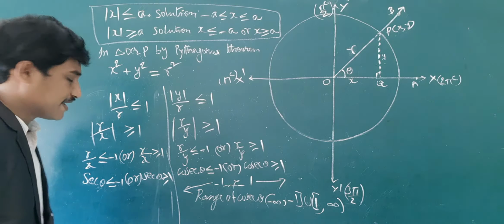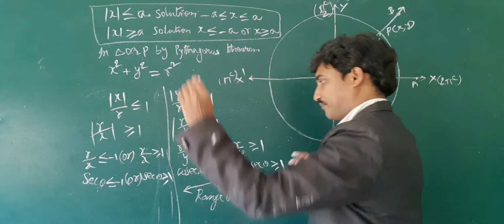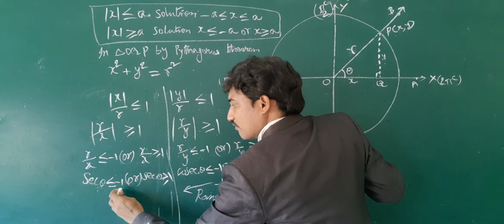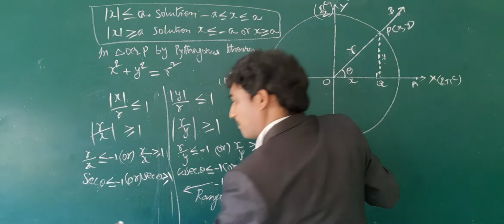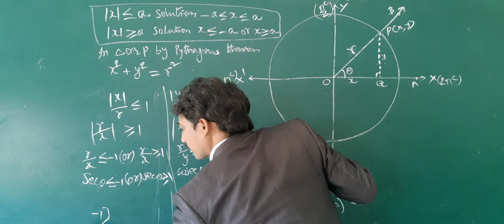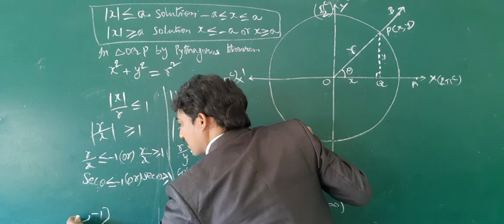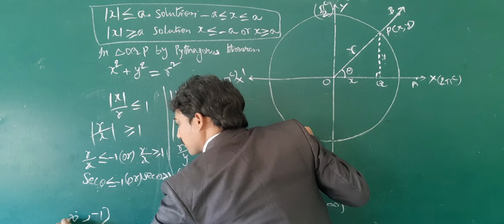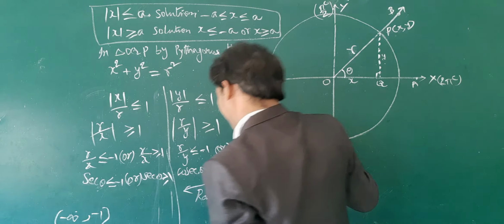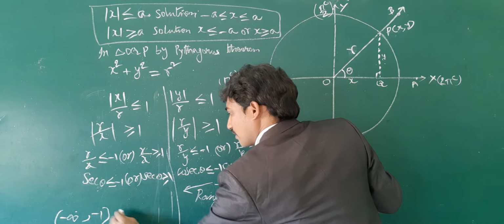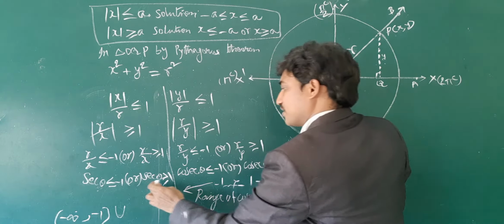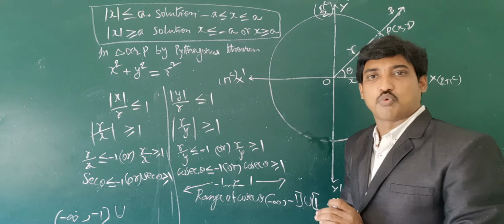In the same way, let us see secant theta. Secant theta takes values less than or equal to minus 1. That means minus 1 or a real number less than minus 1, minus infinity to minus 1, union secant theta takes 1 or more than 1.